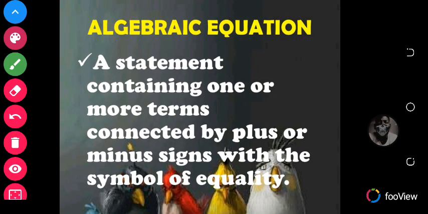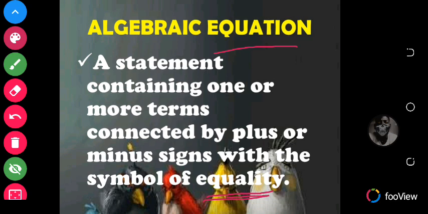Let's look at the algebraic equation. An algebraic equation is a statement containing one or more terms connected by plus or minus with a symbol of equality. What makes the difference between an algebraic expression and an algebraic equation is that an algebraic equation has an equal to sign, or a symbol of equality.